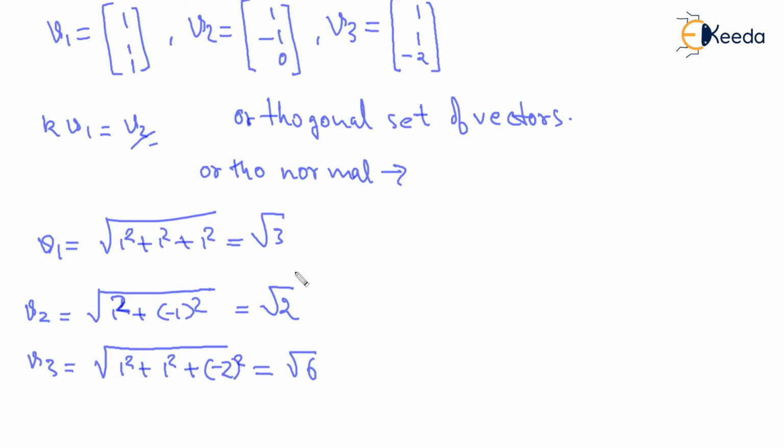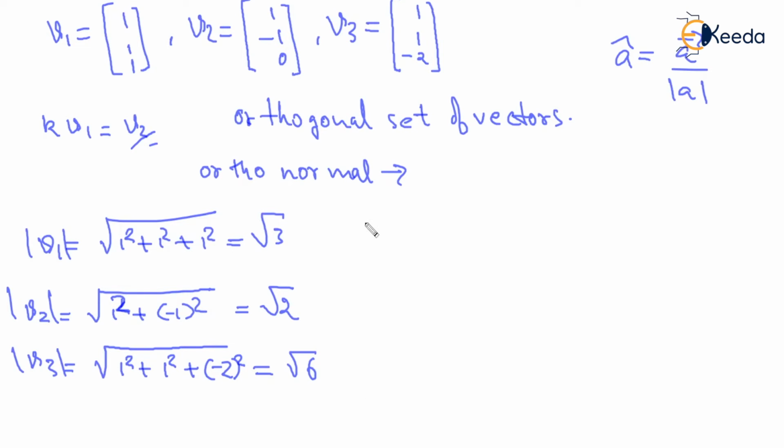They all have certain magnitudes, so we'll have to normalize the vectors.